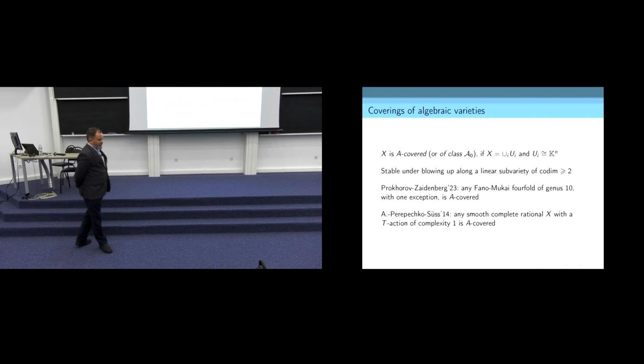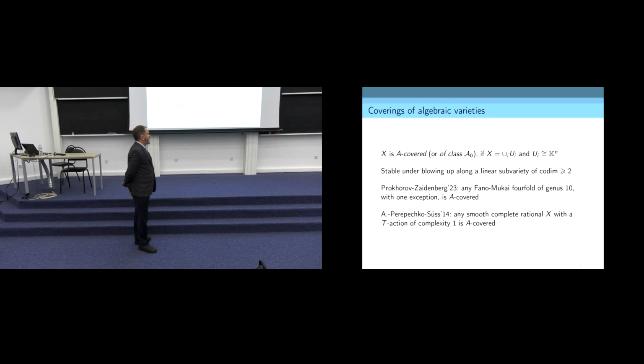Yesterday it was mentioned that all smooth complete toric varieties and smooth complete spherical varieties have this property. And we have a result, joint with Alexander Perepechko, who is here, and Hendrik Süß, that more generally, any smooth complete rational variety with a T action, not necessarily with an open T orbit, but we allow the case when the generic T orbit has codimension 1, this is called complexity 1.